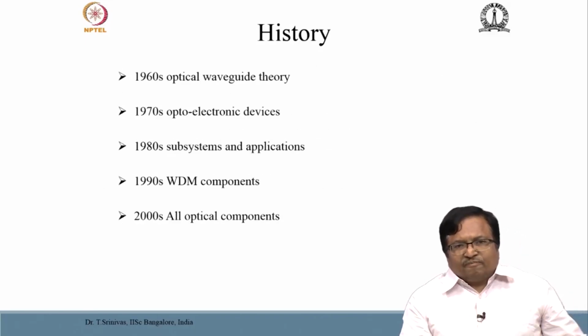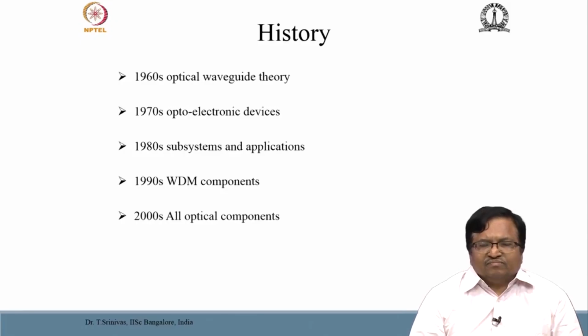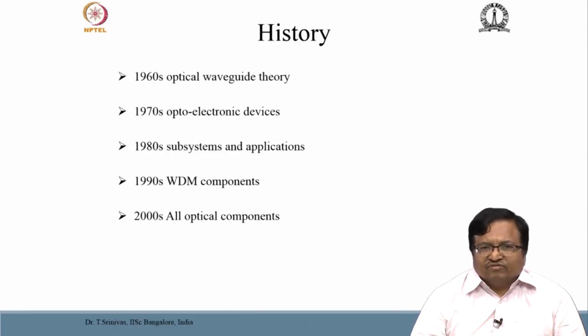So, historically we can say that during the 1960s, just after the invention of the laser, most of these technologies were developed. In particular, the work on optical waveguide theory was historically done during the 1960s.